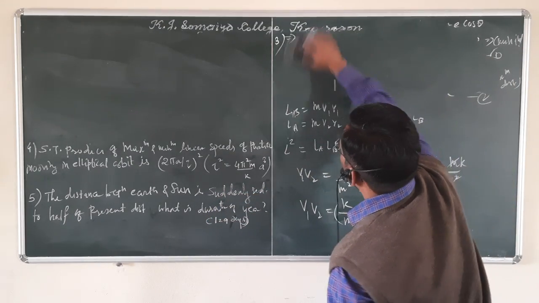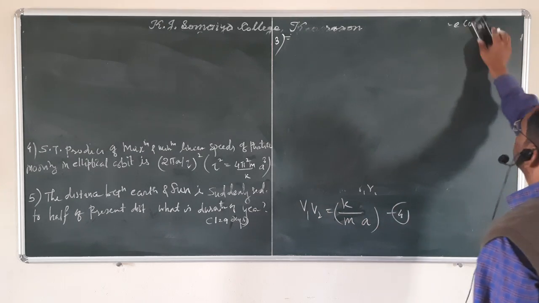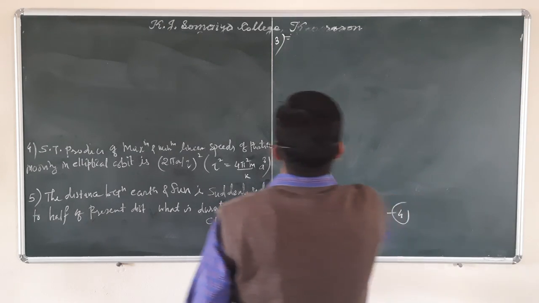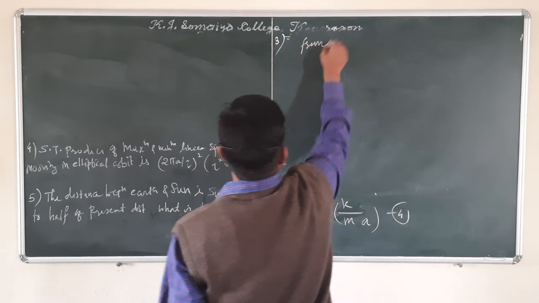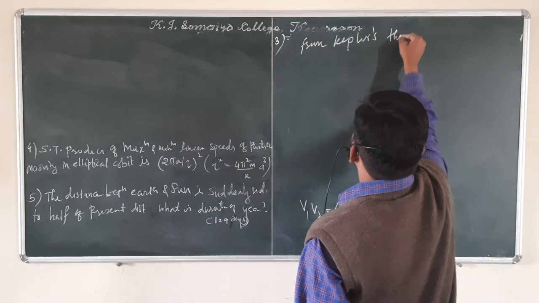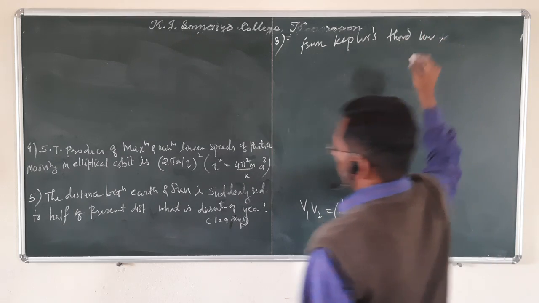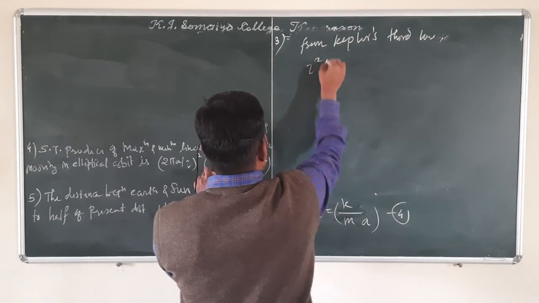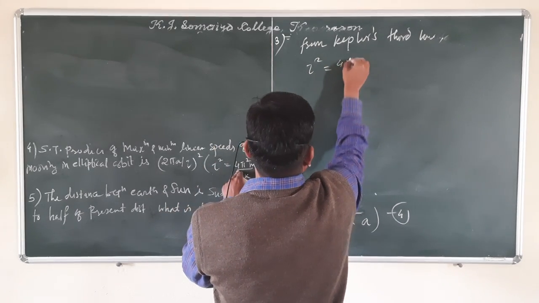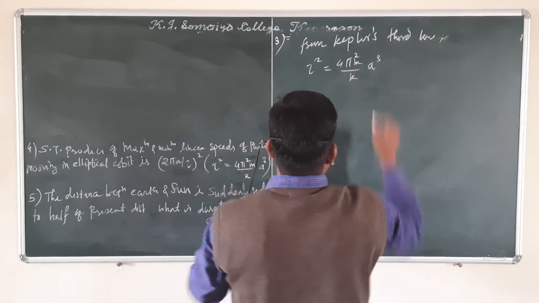Now from Kepler's third law of planetary motion, here I have written tau square is equal to 4 pi square m divided by k into a cube.